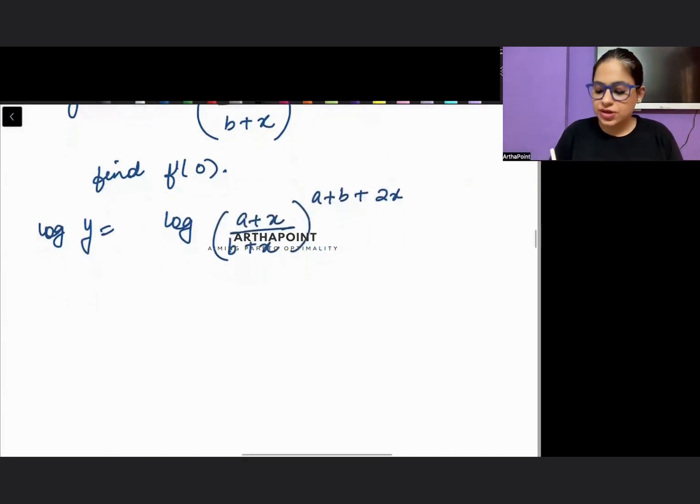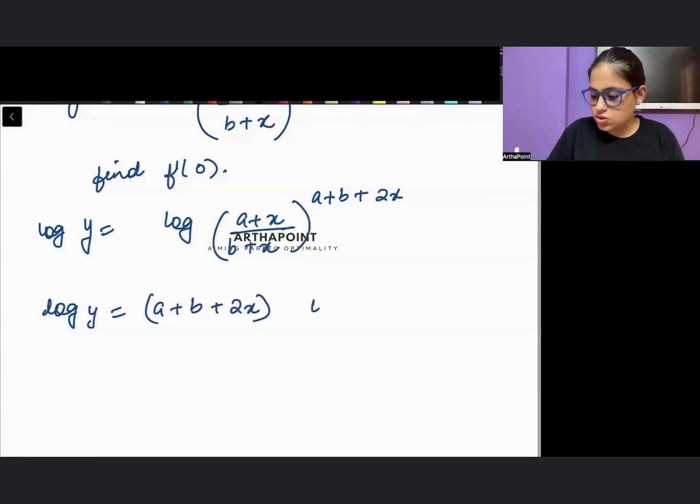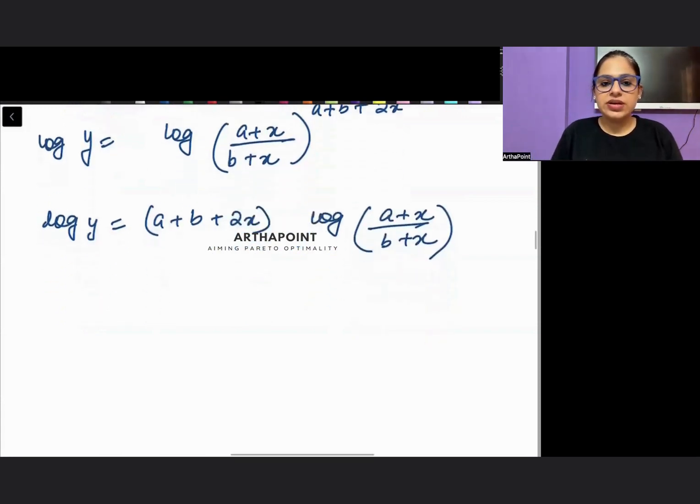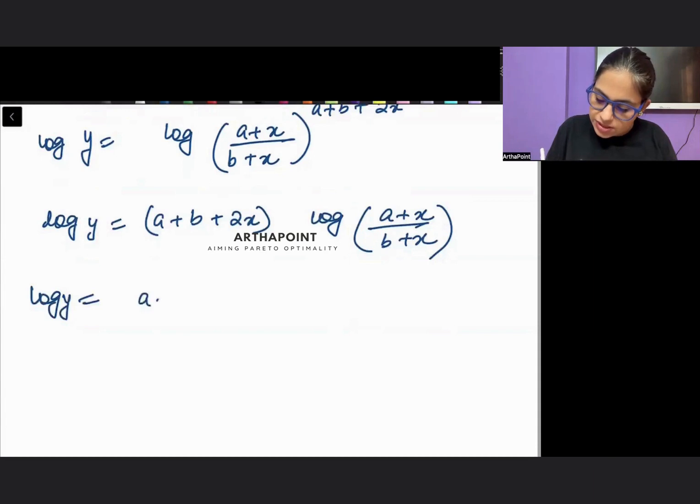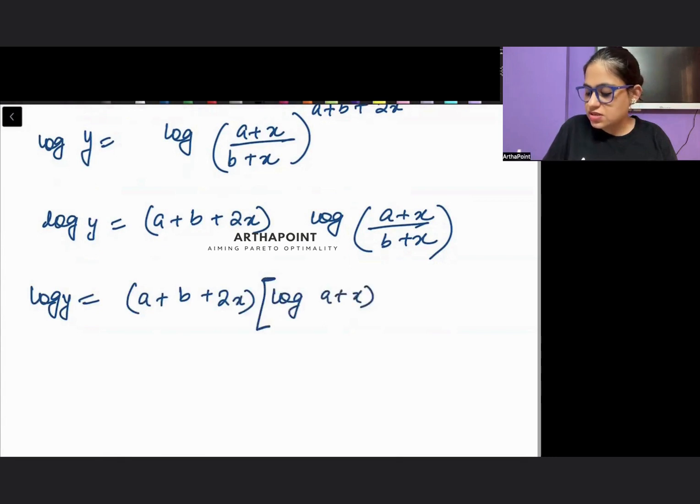Now I will take a plus b plus 2x out. So log y will be a plus b plus 2x into log of a plus x upon b plus x, which is log a plus x minus log b plus x.